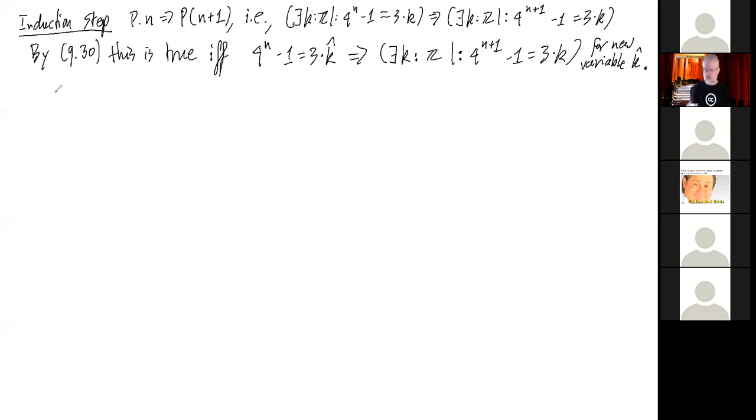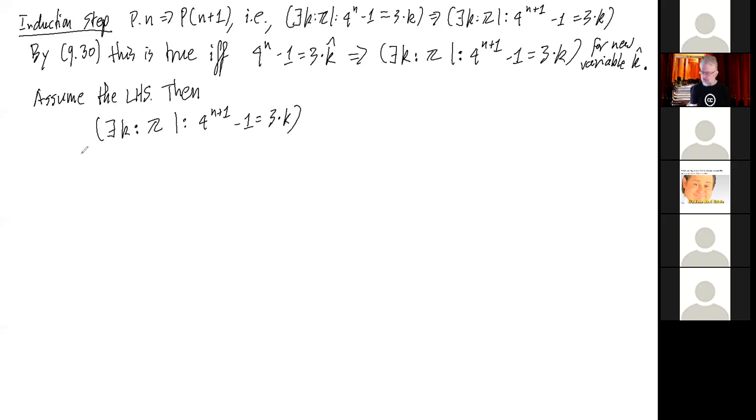So if we assume the left-hand side, then our right-hand side says there exists k in the integers such that 4 to the n plus 1 minus 1 equals 3 times k.